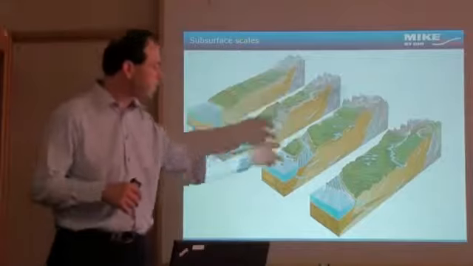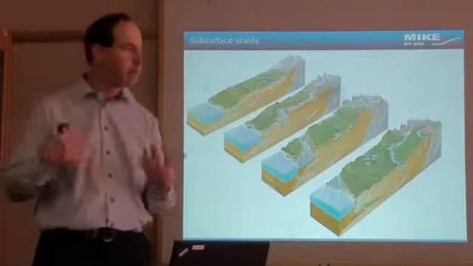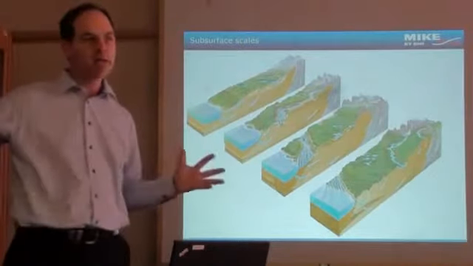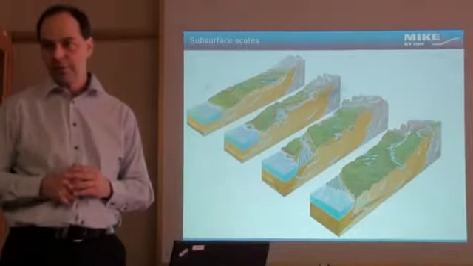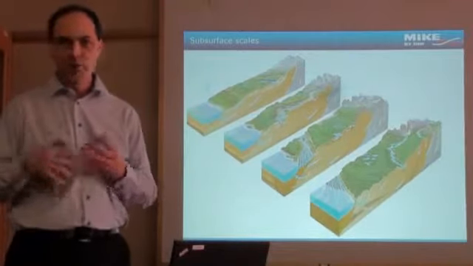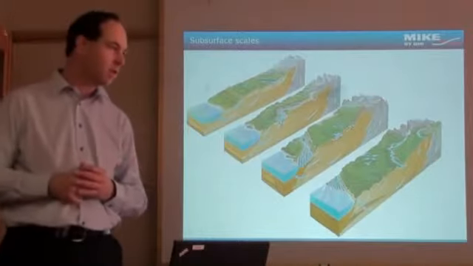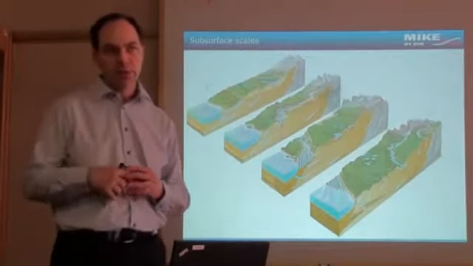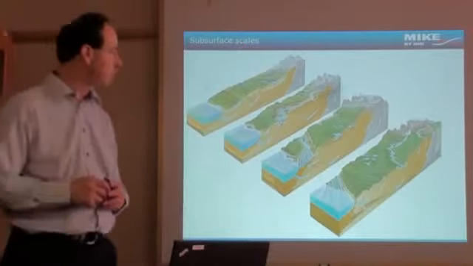So the time scales in the groundwater system can be vast, and they span a very large range. We have to understand that range of processes and time scales if we want to understand the way groundwater and surface water interact.